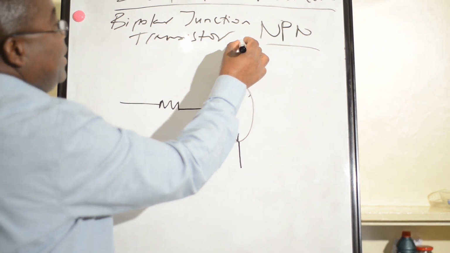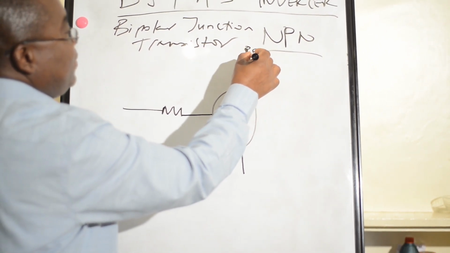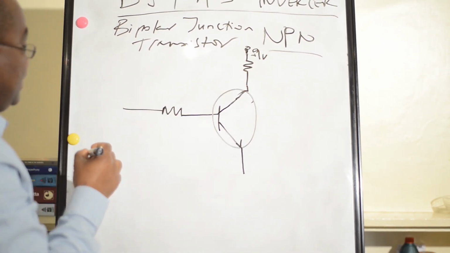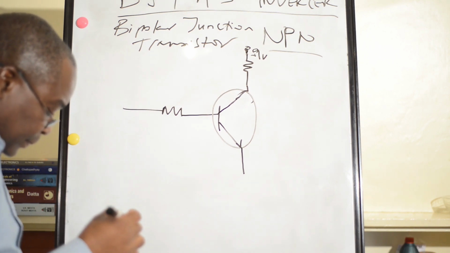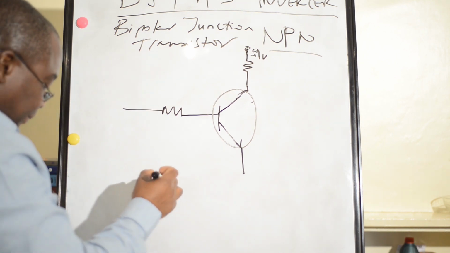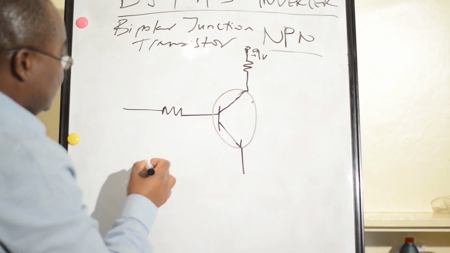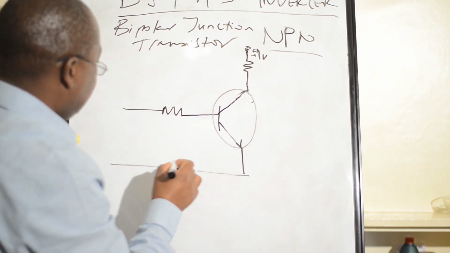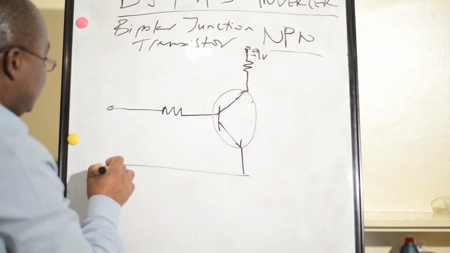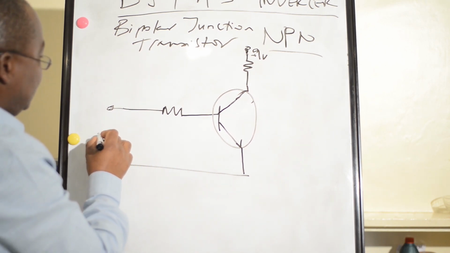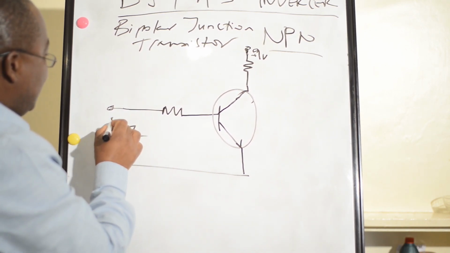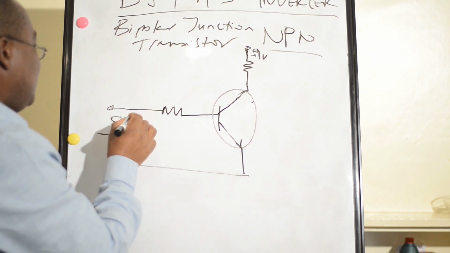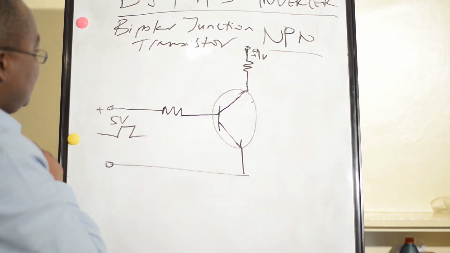Let's say here we have our 9 volts positive, and here we have our 5 volts.